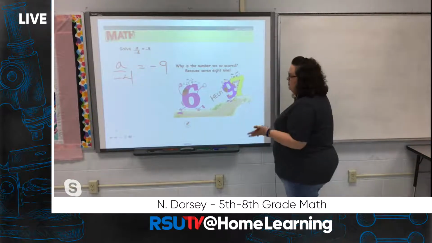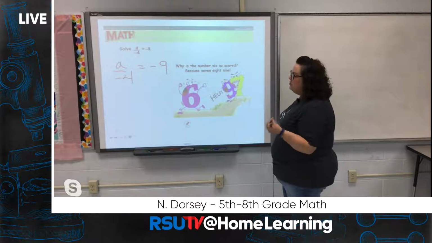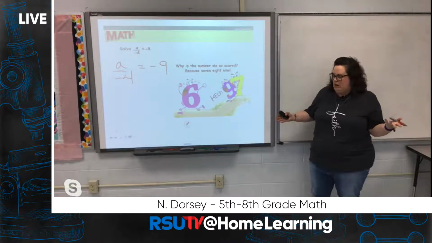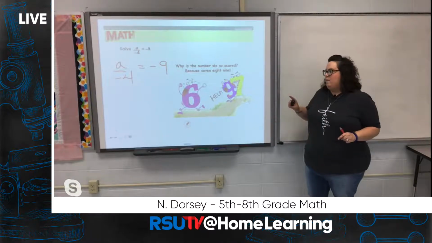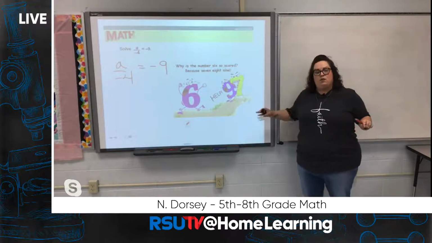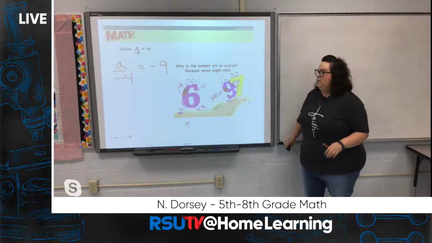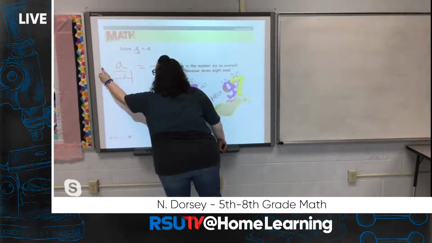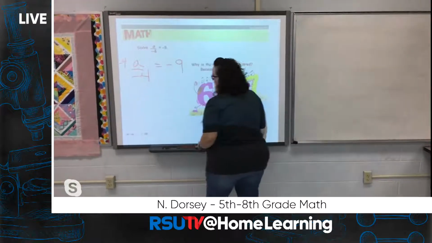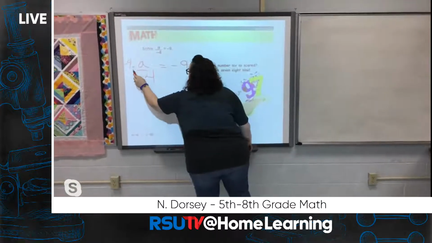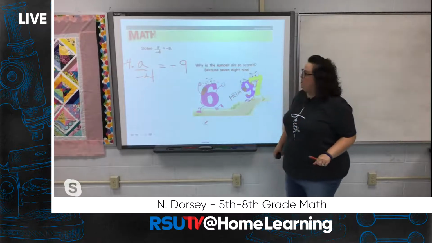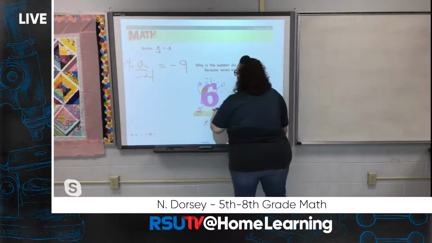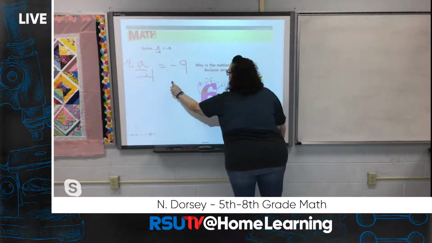So on this particular problem, I'm going to multiply both sides by -4. Now, what does that look like? And next week, I'm going to show you the more in-depth reason of why we do what we do. But for now, we're just going to do the simple part. So I'm going to put my -4 up here. And I'm going to use the multiplication symbol in algebra, which is the dot. And then, because I have my funny joke over here, I can't write it this way, so I'm going to write it down here.